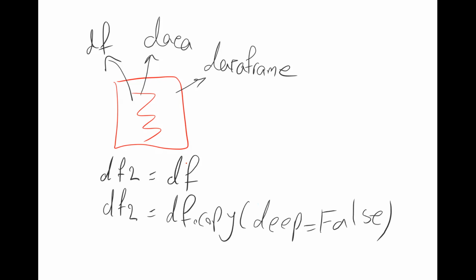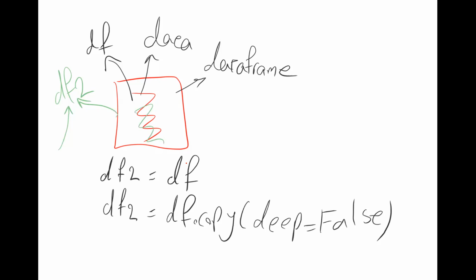In either of these two, you just make a new variable, df2. So whenever you make any changes on df using the df2 name, all of the df data and data frame would change.